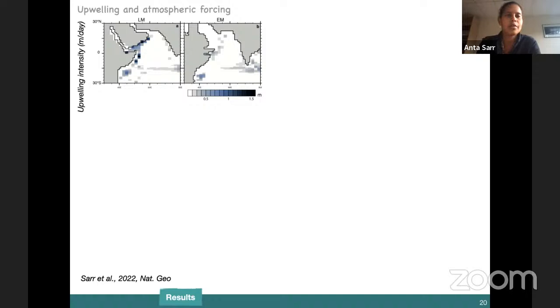Right is the early Miocene simulation, left is the late Miocene simulation. You can clearly see in the right plot that in the early Miocene simulation there is almost no upwelling along the East African coastlines, especially in the Oman area, while you can see strong upwelling along Somalia and Oman in the late Miocene simulation.